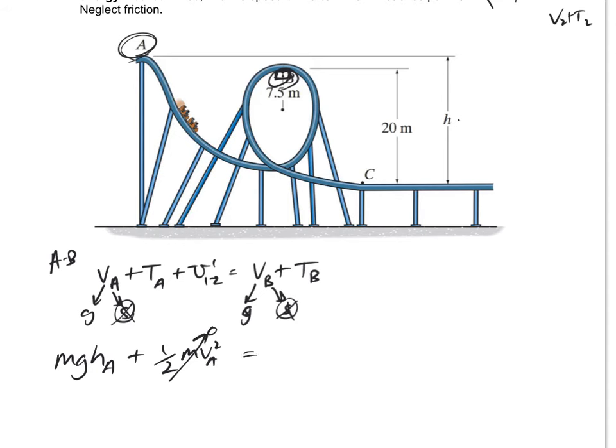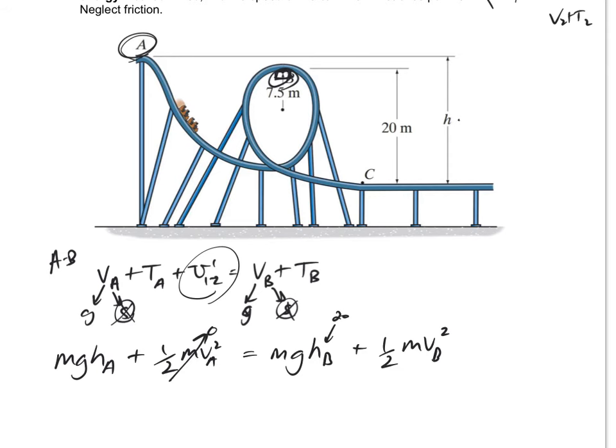I have no non-conserved work forces. That is equal to the mgh at B, which I do know. That is 20, plus 1/2 m v at B squared, which I don't know.